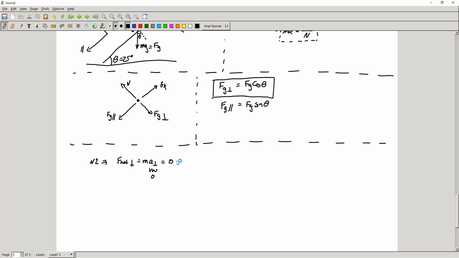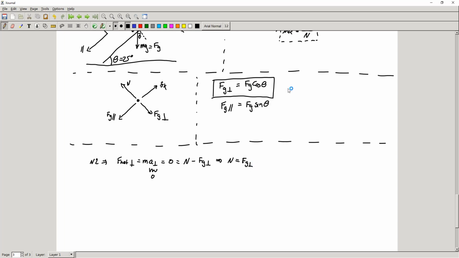And so this is equal to 0, but the net force in the perpendicular direction is also equal to the normal force in the positive direction minus the force of gravity in the perpendicular direction. But since this is equal to 0, this means that our normal force is equal to the force of gravity in the perpendicular direction.